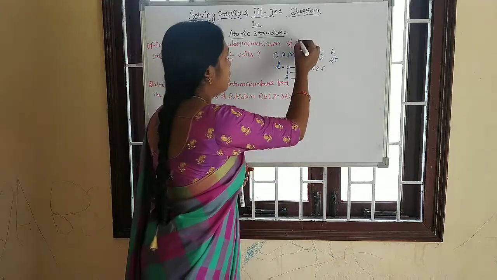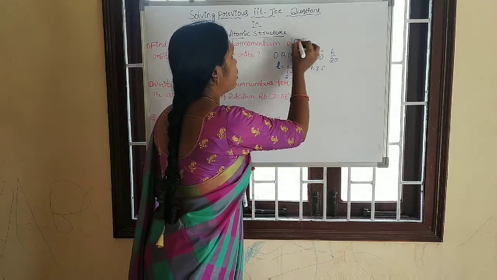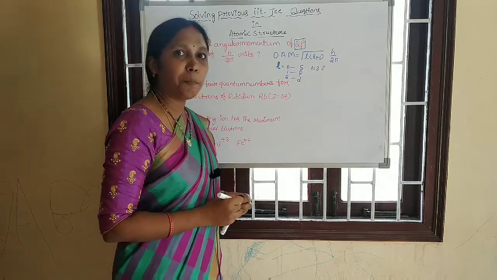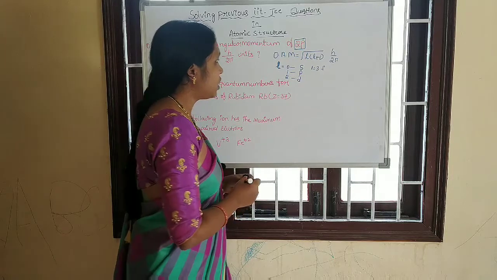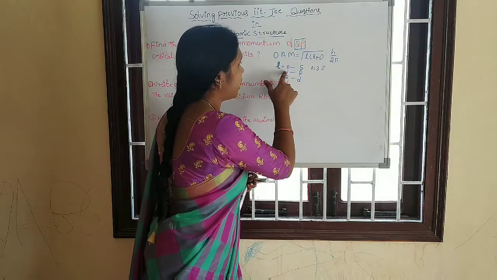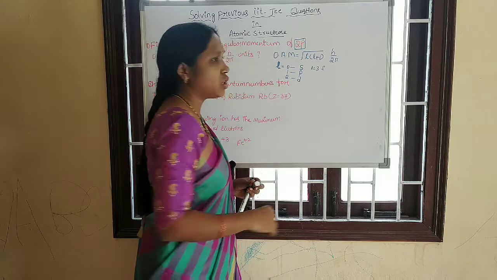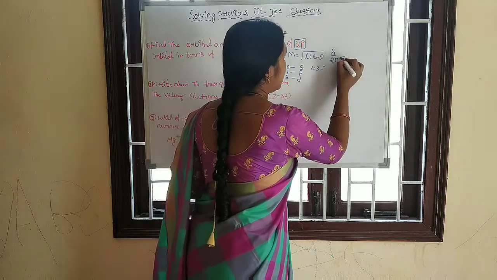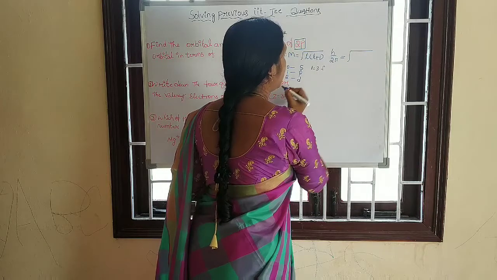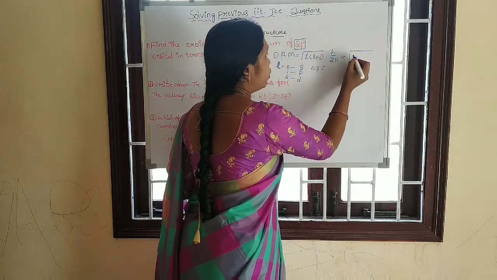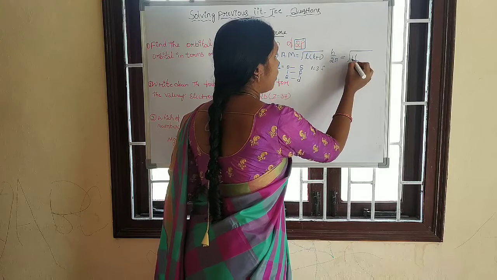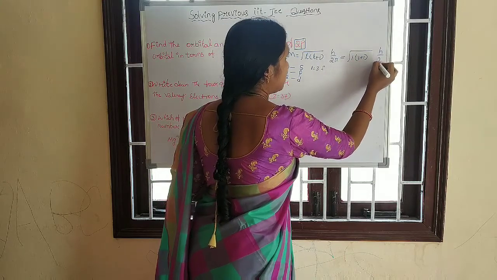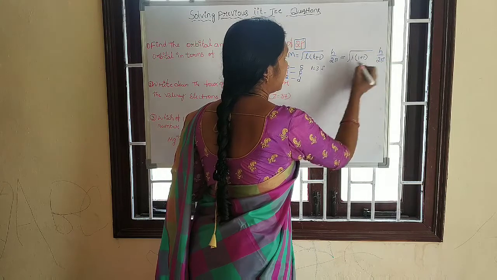Here the orbital is 2p. Orbital is 2p means the electron is present in the p subenergy level. What is the L value for the p subenergy level? That is 1. Substitute the 1 here. The orbital angular momentum for 2p is square root of 1 into 1 plus 1 into h by 2 pi.